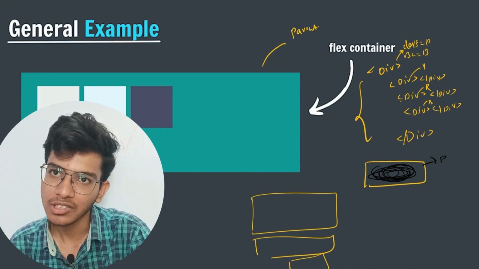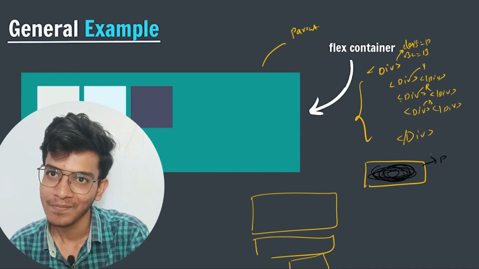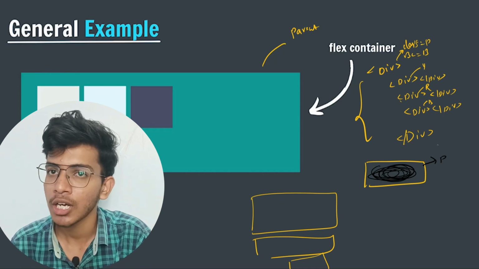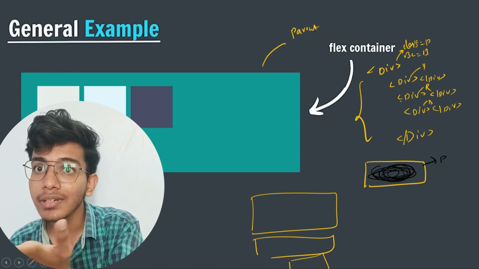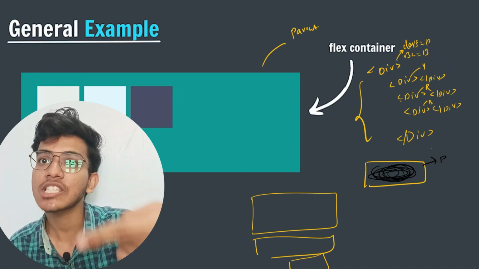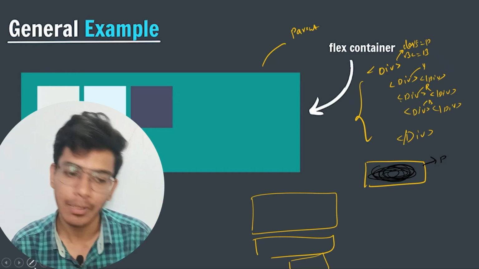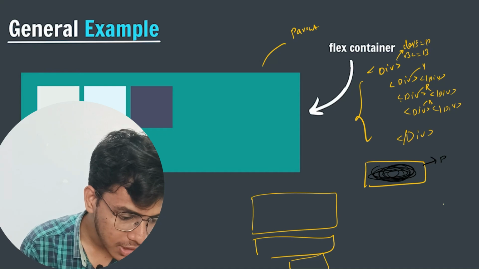Now inside that div the child elements should come, but because div is a block element, the next child element will come after the parent element. In the output screen, yellow color, right?